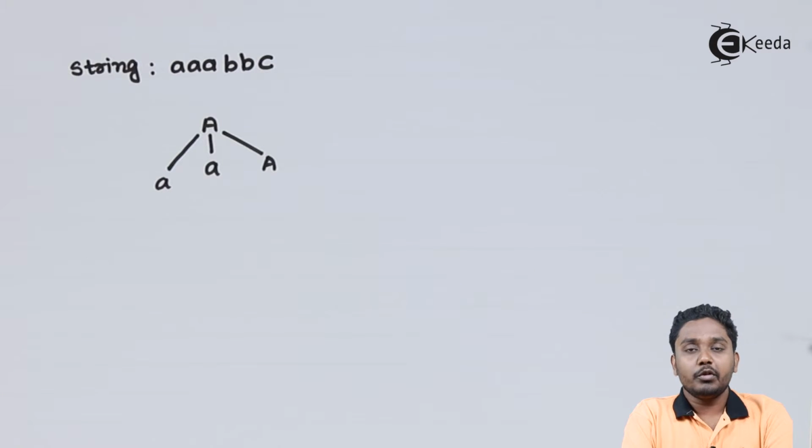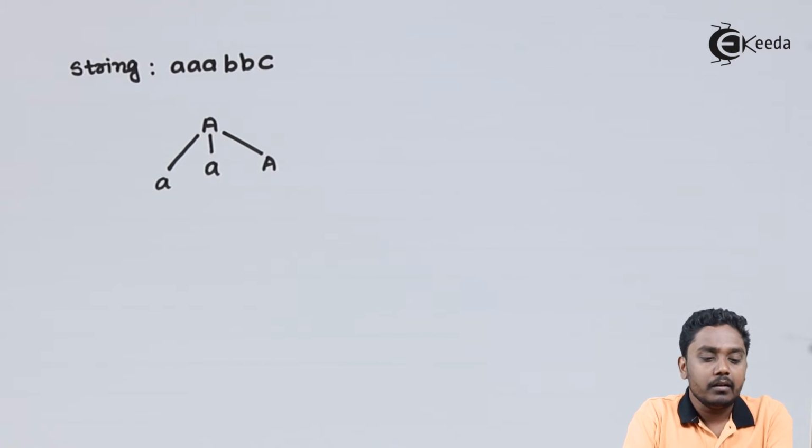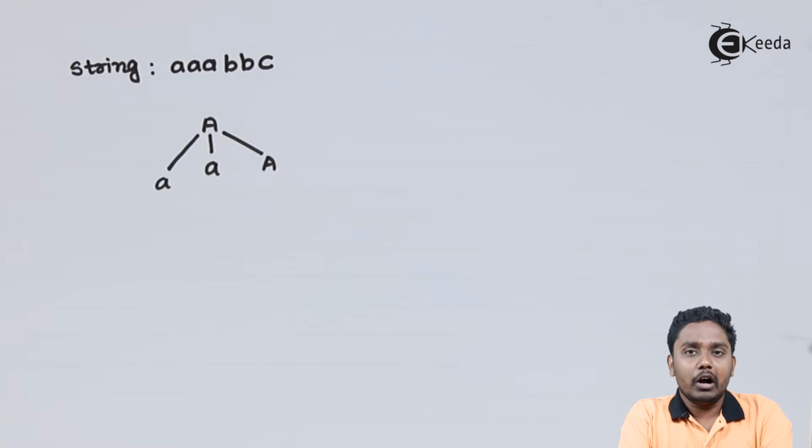So far we have produced two A's. Now we need one A followed by two B's and a C. For this, let us look at how we can derive from A and B. Let us see the last production that produces AB.